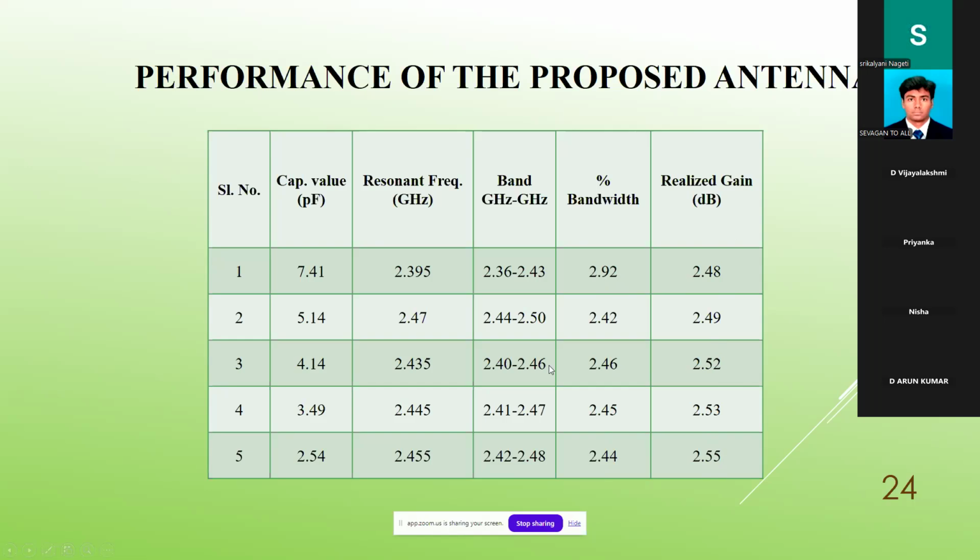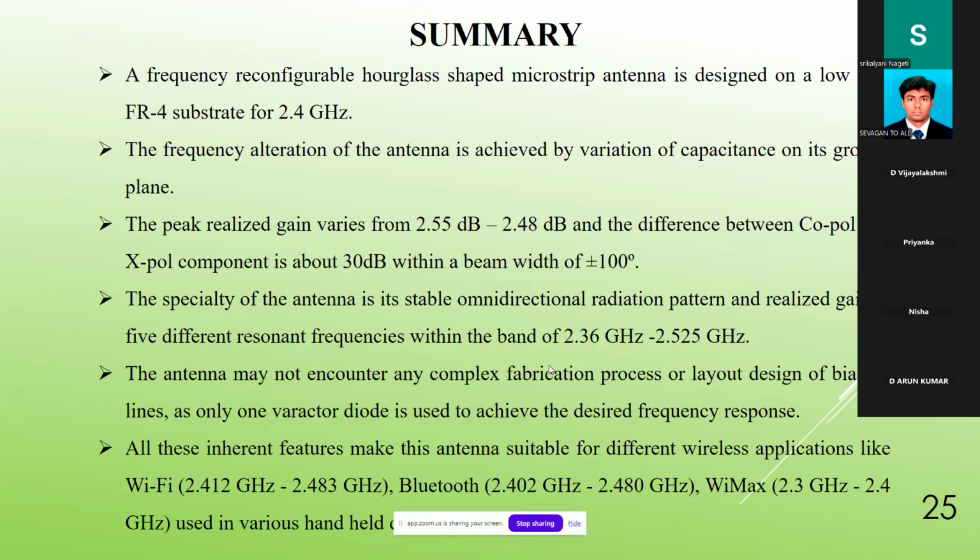So the summary, we can consider this way: with a very low cost substrate and design frequency of 2.4 gigahertz, this has been designed. The peak realized gain is 2.55 dB to 2.48 dB, the difference between co-pole and cross-pole is 30 dB, and the beamwidth is plus or minus 100 degrees.